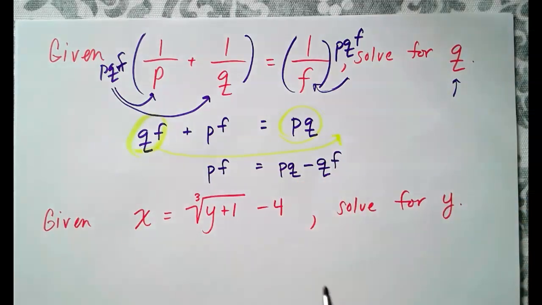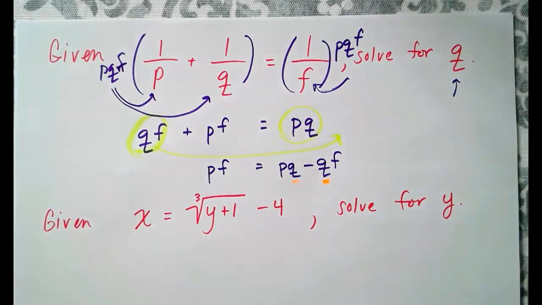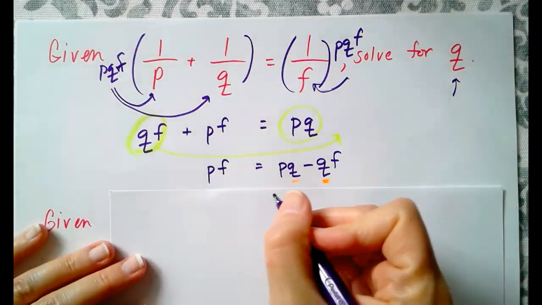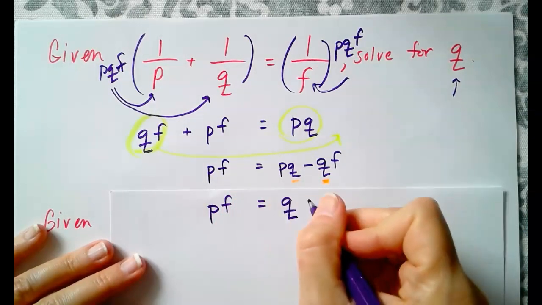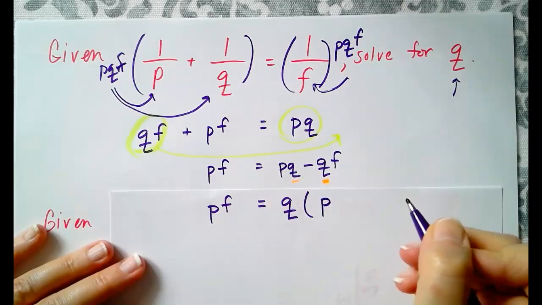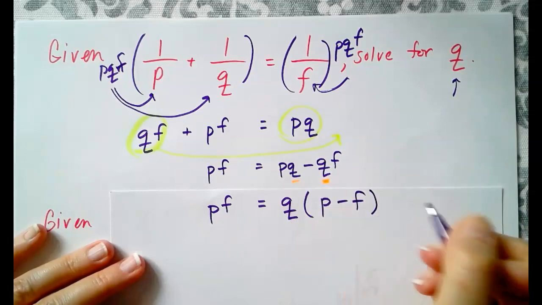And just like in the previous video, we can now see that Q is the greatest common factor for the right-hand side. So in this one, let's bring the Q out. So PF equals Q times PQ divided by Q leaves P. QF divided by Q leaves F.